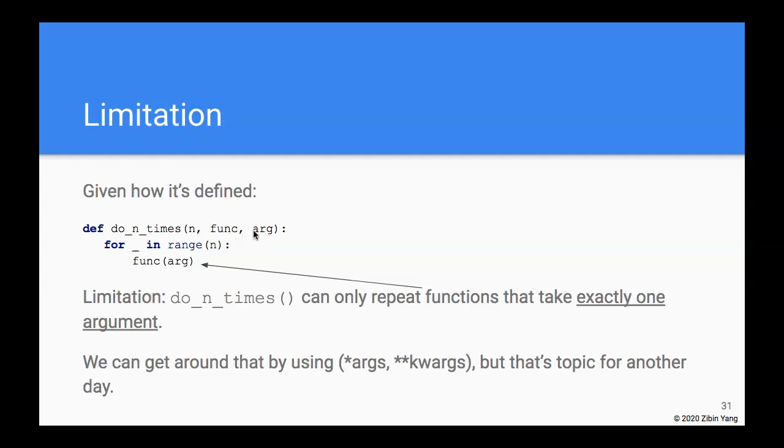Any function that takes either 0 parameters or more than one parameter, this syntax will not work. We can get around this problem by using the single asterisk, double asterisk syntax, but we will get to this topic at a later time.